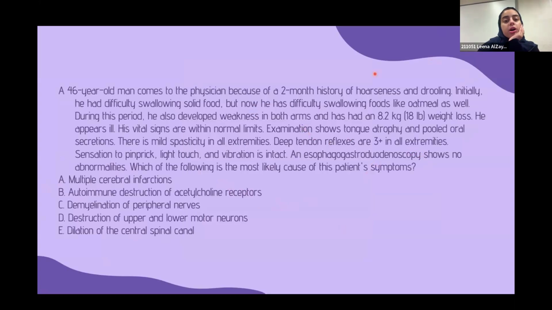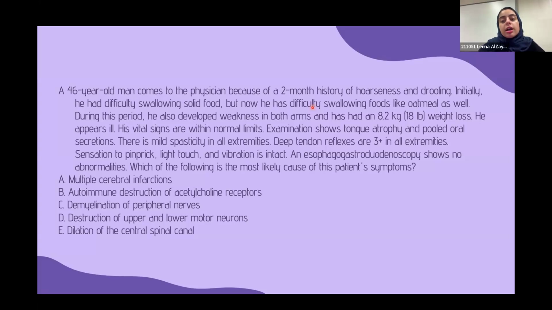A 46-year-old man comes to the physician because of a 2-month history of hoarseness and drooling. Initially, he had difficulty swallowing solid food, but now he has difficulty swallowing food like oatmeal as well. During this period, he has developed weakness in both arms and had an 8.2 kilogram weight loss. He appears ill. His vitals are all within normal limits.